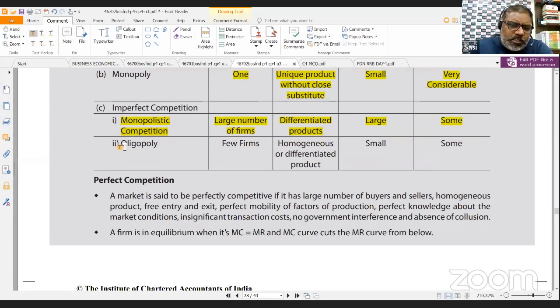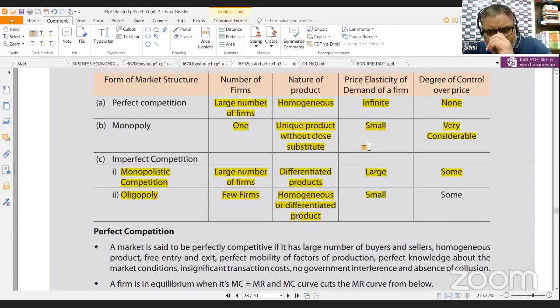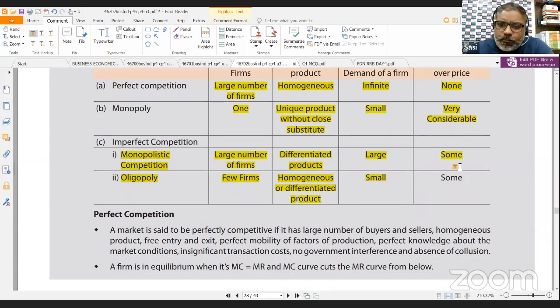And oligopoly is such a type of situation where very few firms will be there, and they will more or less have homogeneous products. Very rarely they will have differentiated products also, but mostly they will have homogeneous products only, and their price elasticity will be small, and control over the price will be only a little bit.